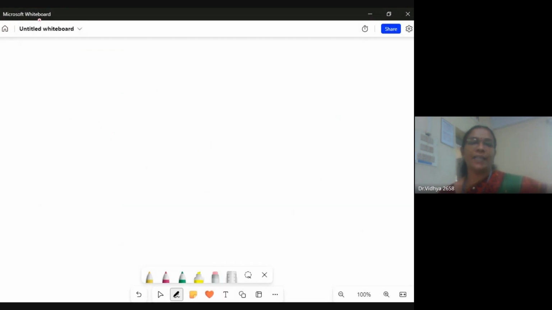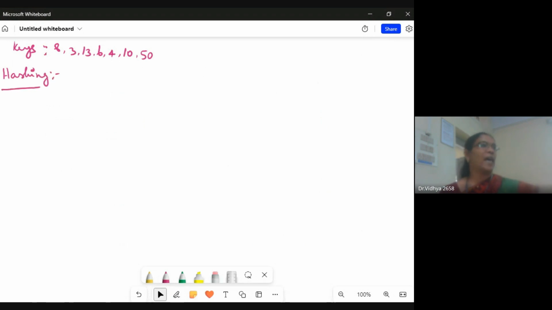Let us take an example array or list of elements or keys. I'm writing the keys as 8, 3, 13, 6, 4, 10, 50. Consider these as the list of elements. In hashing, we will be placing the element at its respective index, the same as its value.